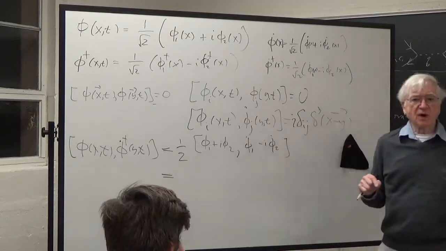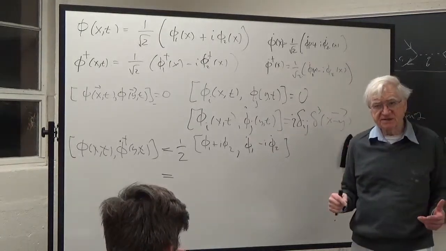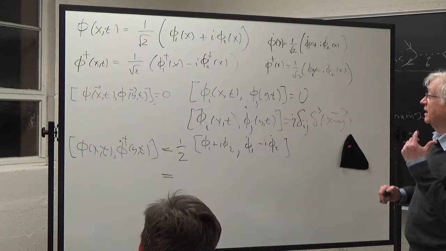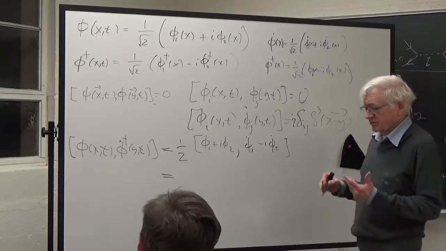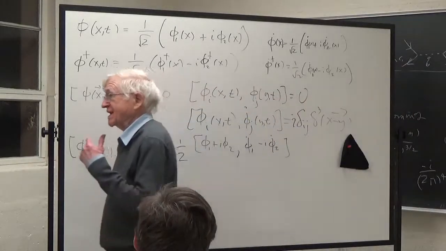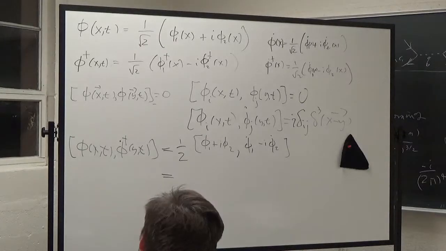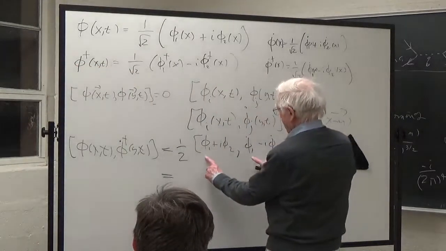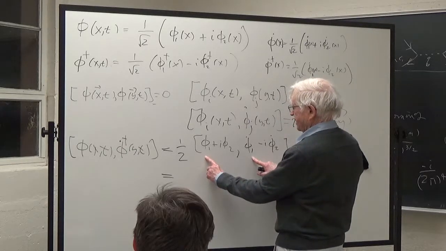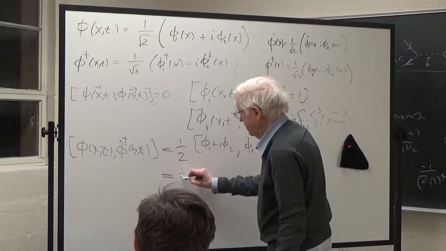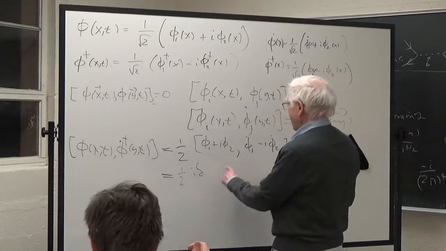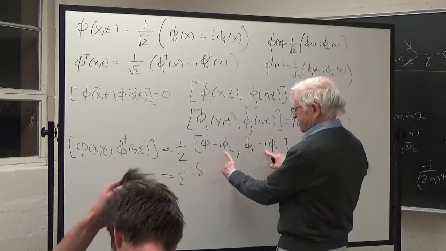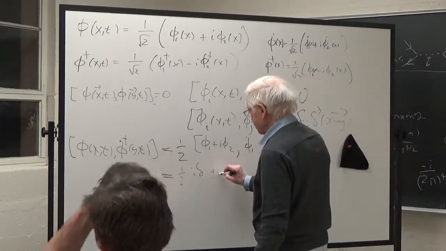So in other words, phi 1 is real, phi 1 dot is real, phi 1 dot dagger is phi 1 dot, so we can get rid of those daggers. So now we have phi 1 with phi 1 dot, that gives us i delta. Phi 2 with phi 2 dot gives us i delta. i times minus i is plus 1, so this is plus i delta.